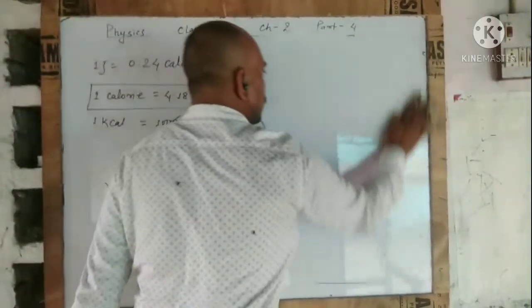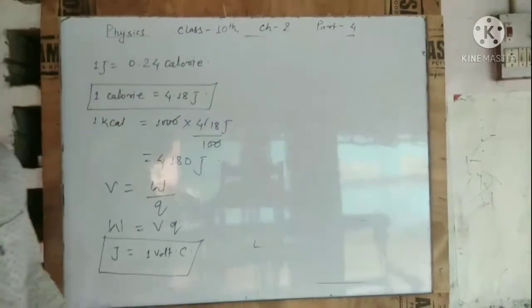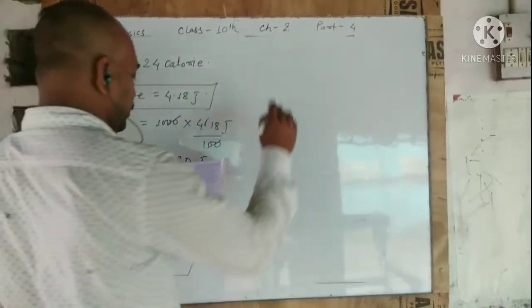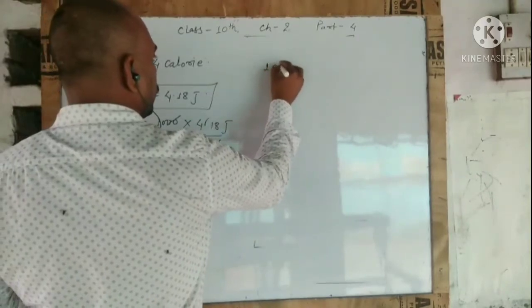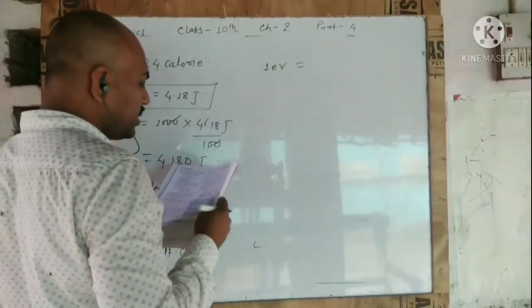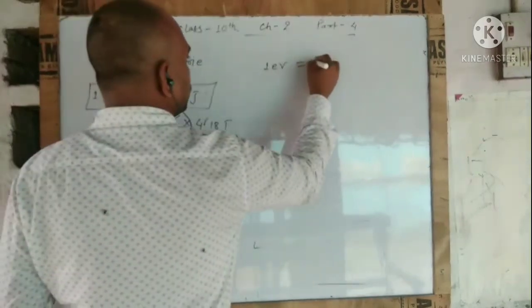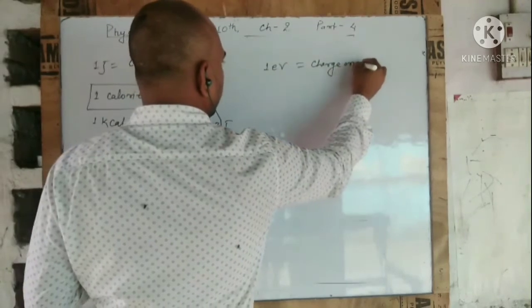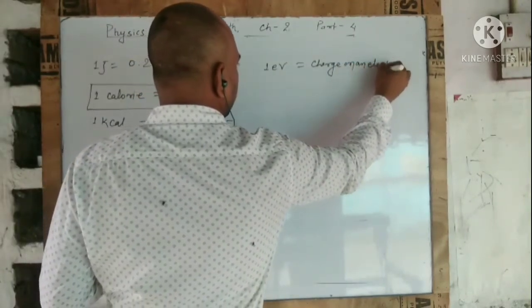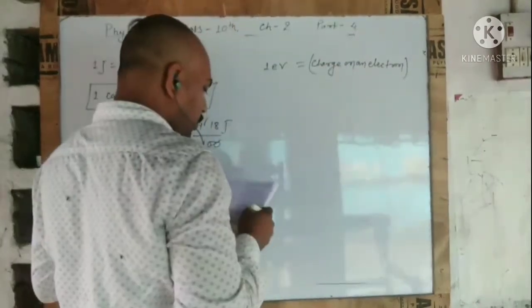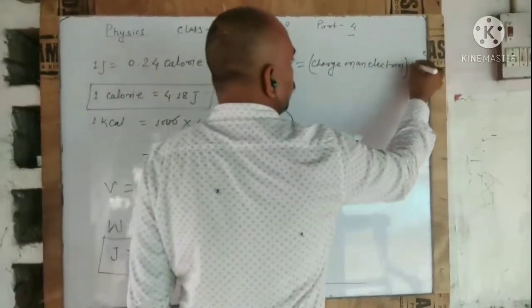Now come to the point. Just learn this and remember it. 1 electron volt is equal to the charge on an electron into the potential, meaning 1 volt.